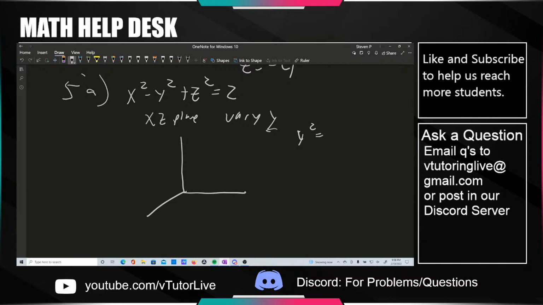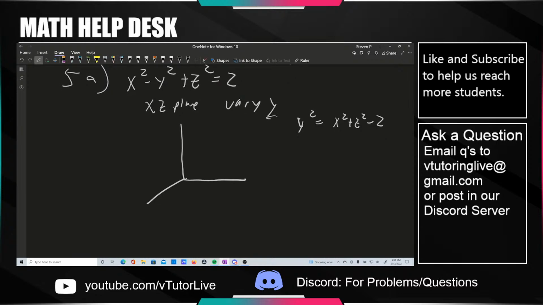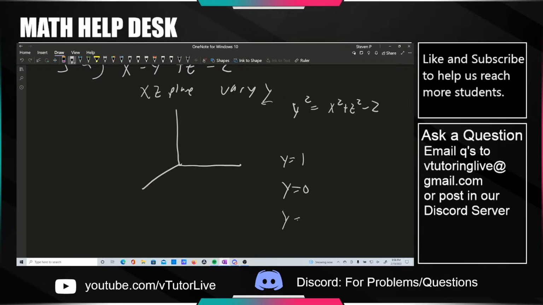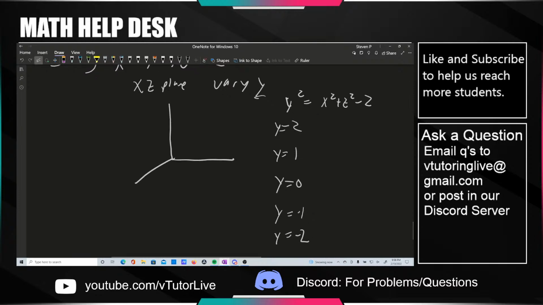Solving for y squared gives us x squared plus z squared minus 2. At this point, I would just choose a couple different values for y: y is equal to 0, y is equal to 1, y is equal to minus 1, y is equal to 2, and see if we can find a pattern. Note that positive and negative should be symmetric because y is being squared.